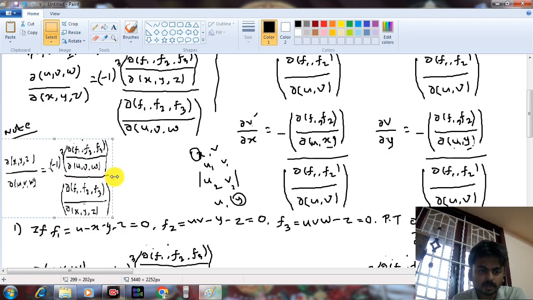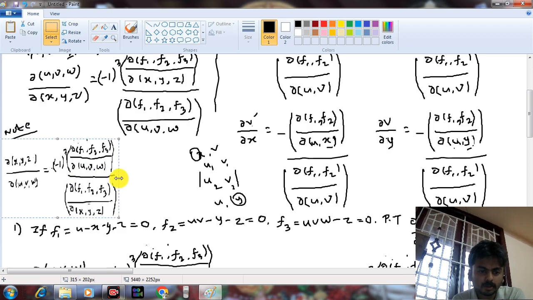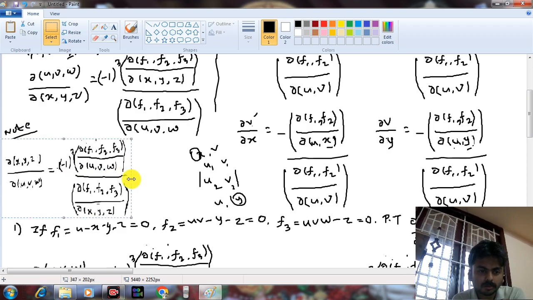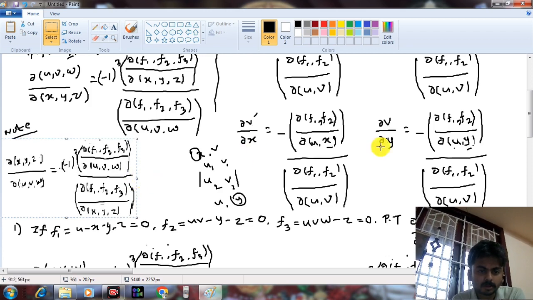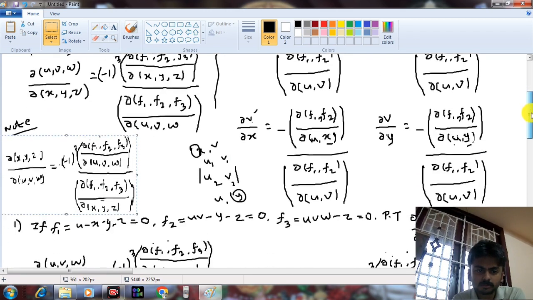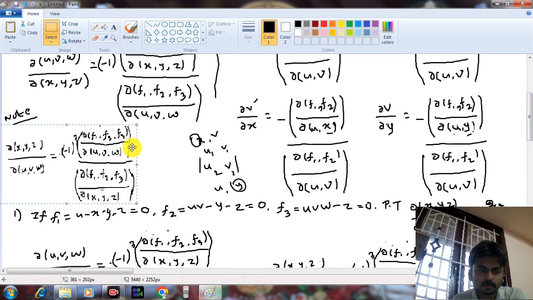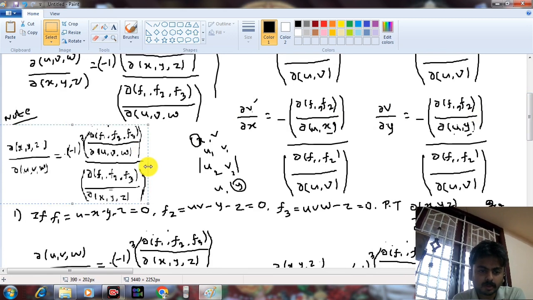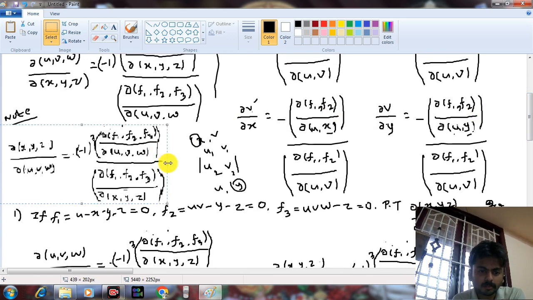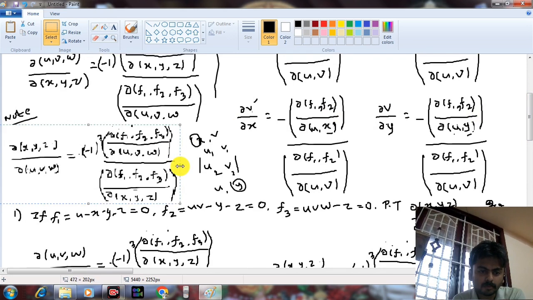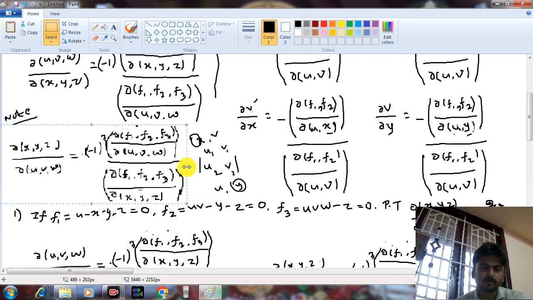So if I have xyz divided by uvw, we get xyz in the denominator of the numerator and uvw in the denominator of the denominator.